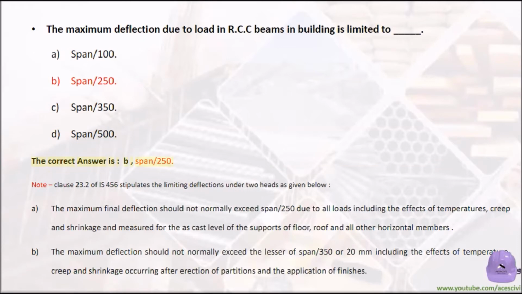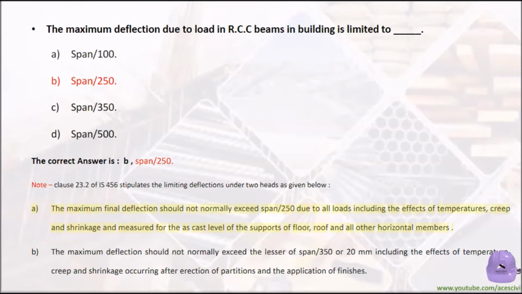456 stipulates the limiting deflections under two heads as given below. A. The maximum final deflection should not normally exceed span/250 due to all loads including the effects of temperatures, creep, and shrinkage and measured from the as-cast level of the supports of floor, roof and all other horizontal members.